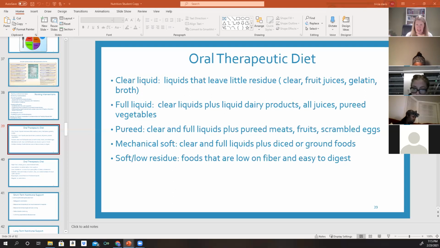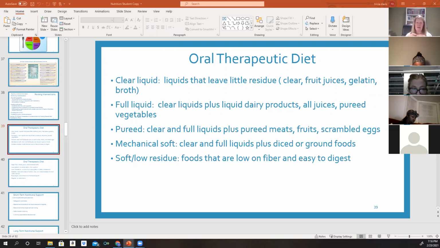A full liquid diet is anything that's on the clear liquid diet plus dairy products, all juices, and then you can have pureed vegetables. A pureed diet is clear and full liquids plus pureed meats, fruits, and scrambled eggs, which are really gross. They just kind of come in a blob, or sometimes they've been in some kind of a mold.